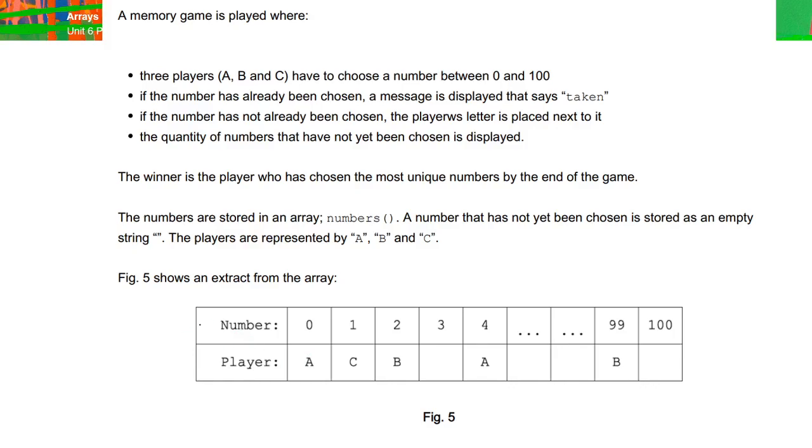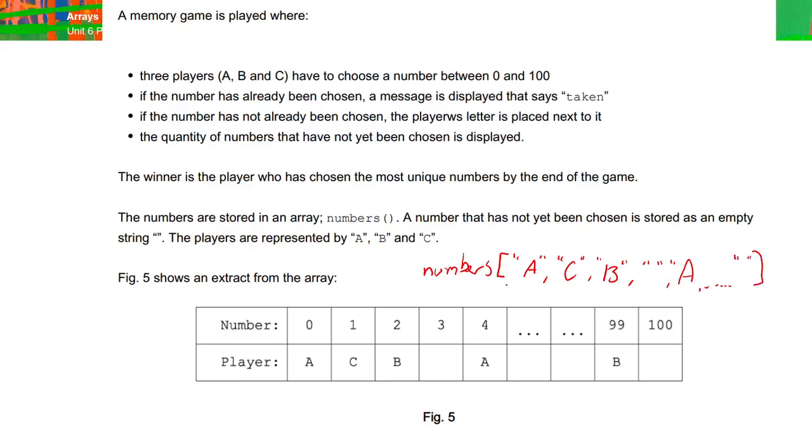Okay, so this is a little bit confusing. It says there's an extract from the array, and that's a bit confusing. What the array would look like is this, essentially. Numbers. So it would look like this: A, C, B, blank string, A, and so on and so on, up to the last one, which is a blank string.